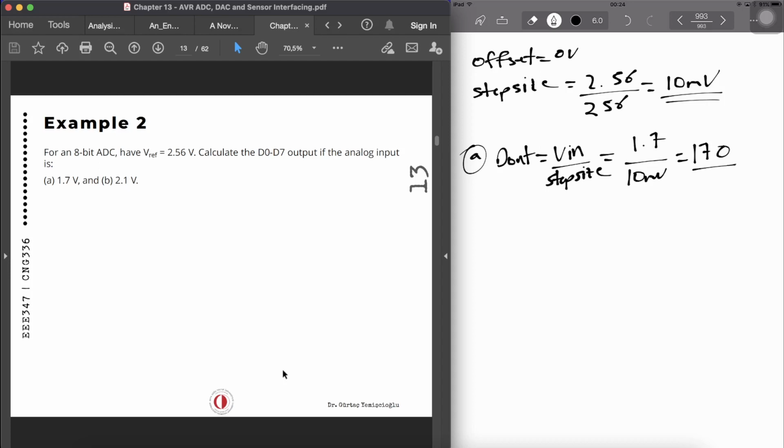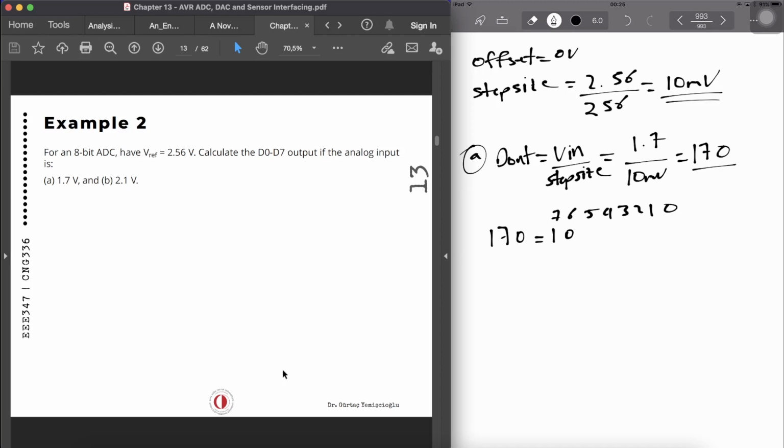So what is 170 in binary when you consider 8-bit? If we go back to the logic, bits 7, 6, 5, 4, 3, 2, 1, 0. 128 plus 64 is going to be too much.